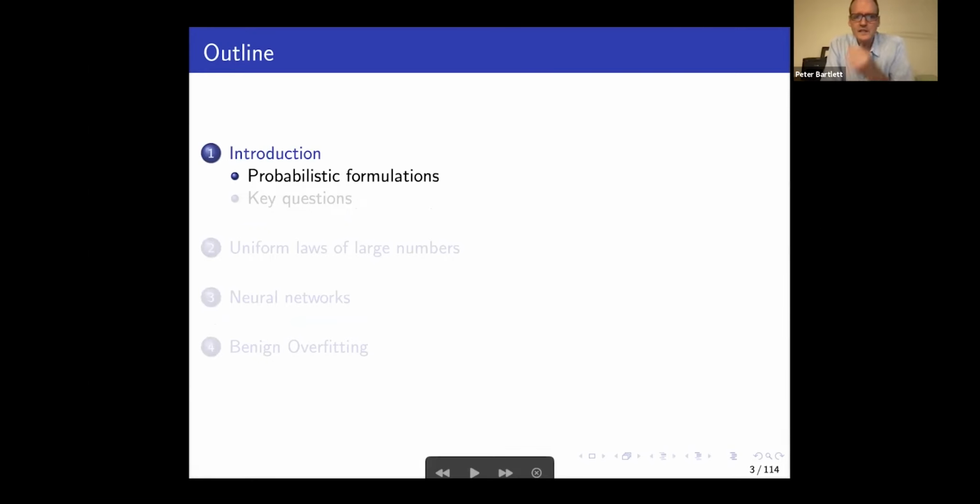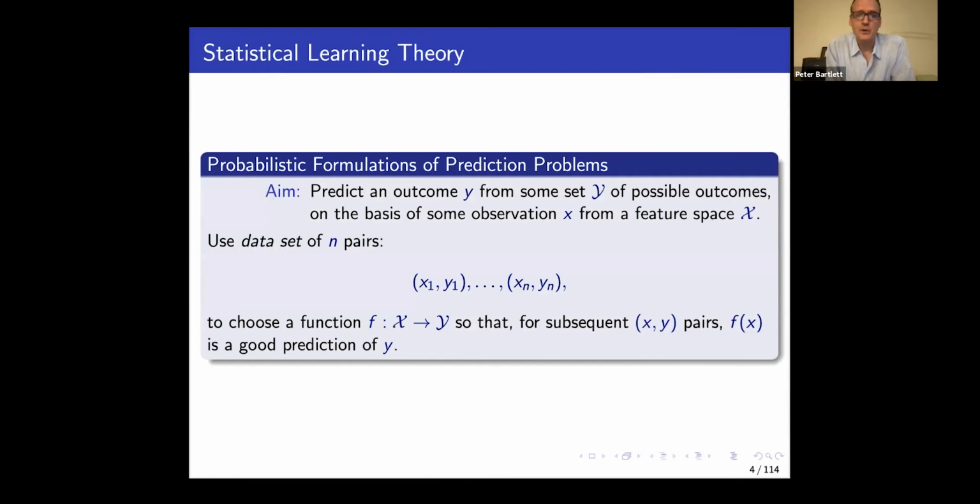The first thing we'll look at is how we might formulate some of these prediction problems. The stereotypical case to think about is a classification problem, but more generally, we can think about predicting some sort of outcome. We'll always have our outcomes be Y from a set, a capital Y, of possible outcomes.